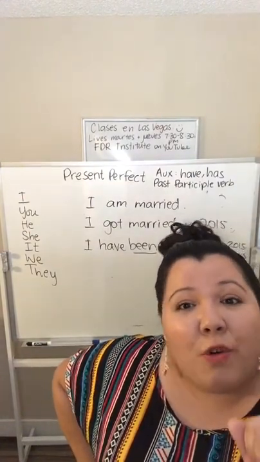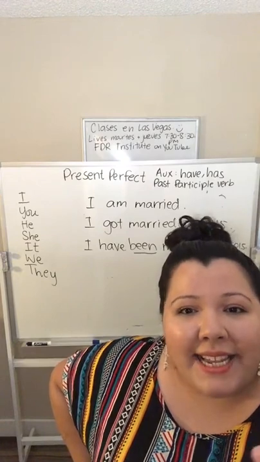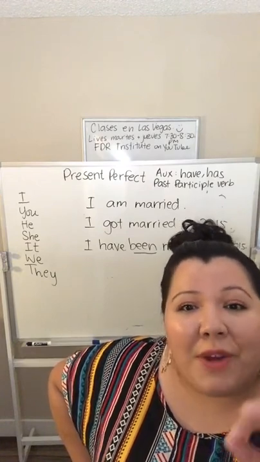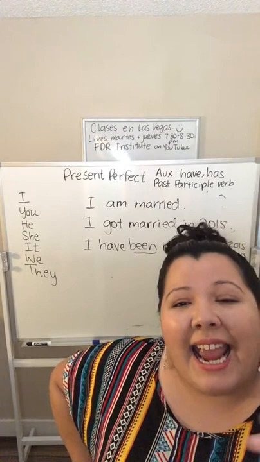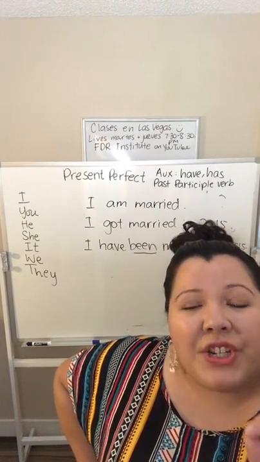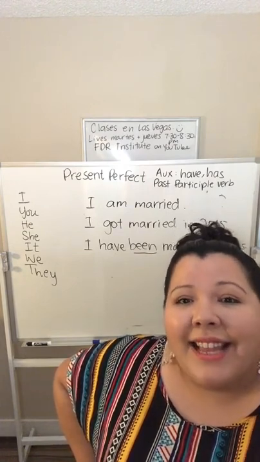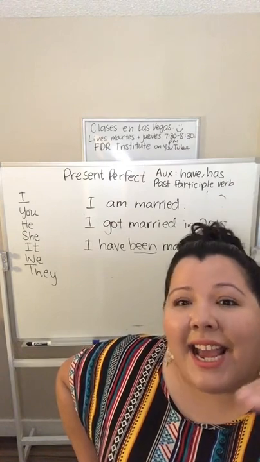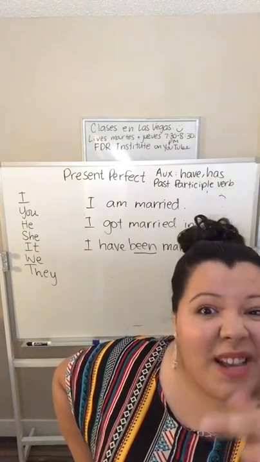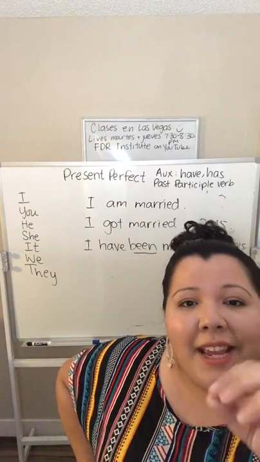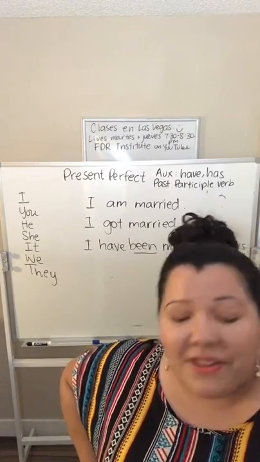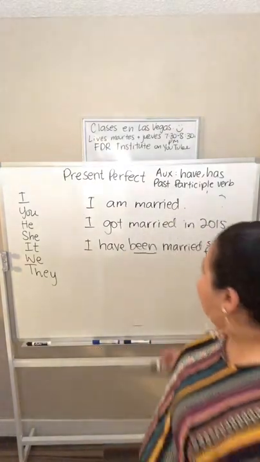We can say, he estado ocupada. I have been busy. Él ha estado enfermo. He has been sick. Ella ha estado cansada. She has been tired. Let's say, él ha estado trabajando. Eso sería el presente perfecto continuo, but he has been working. Él ha estado trabajando. Right, so been.